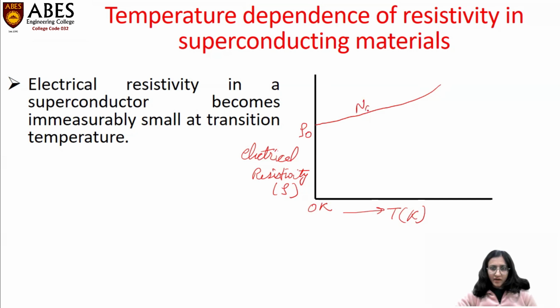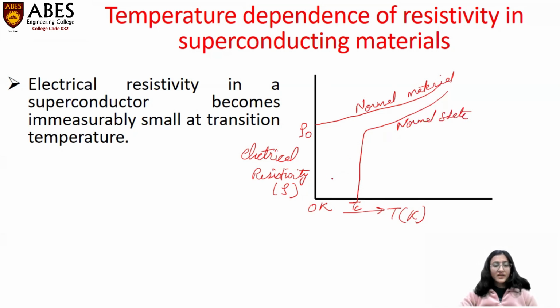So this is the graph for a normal material. For certain materials which show superconductive behavior, this value reduces to zero suddenly below the critical temperature. So this is the normal state, and here we find the superconducting state. Electrical resistivity in a superconductor becomes immeasurably small at the transition temperature.